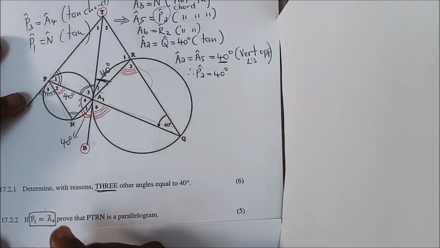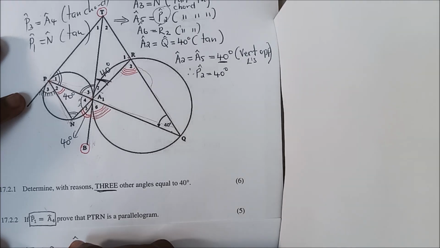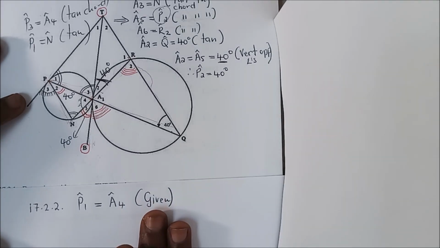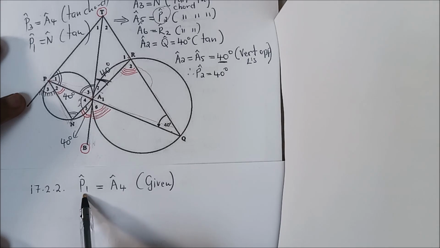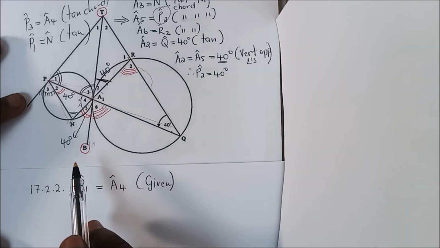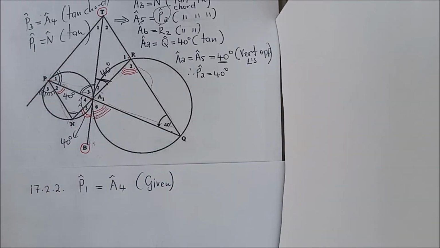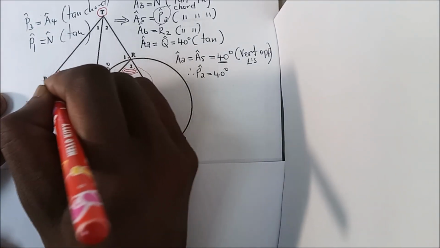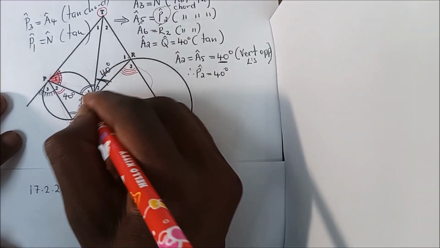So now let's check at the information that they give us. I want you to go through the information. They're saying P1 is equal to A4. Let's go to the sketch and look at P1 and A4. This is P1 and that's A4.